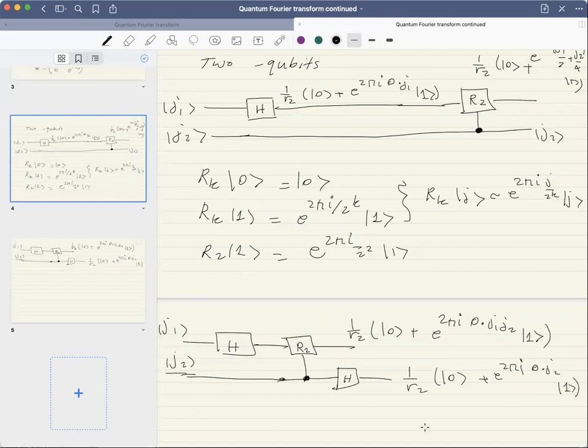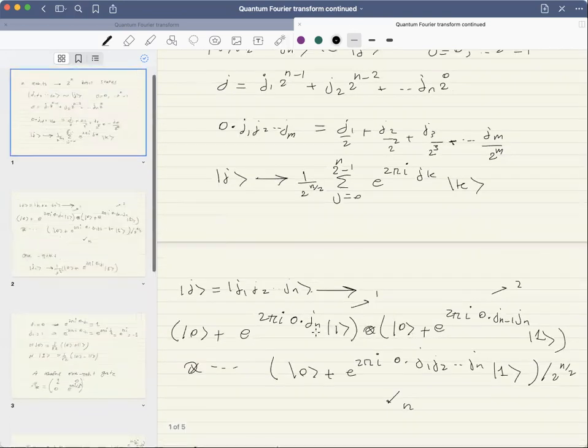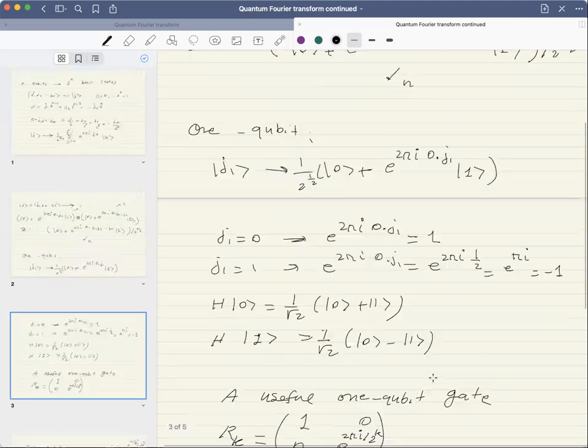So we see by this strategy here, for a 2-qubit system, I managed to produce the 2 states that appear in the tensor product. So in this expression, if n is equal to 2, I want one term with a point J2 here and another term with a point J1 J2.